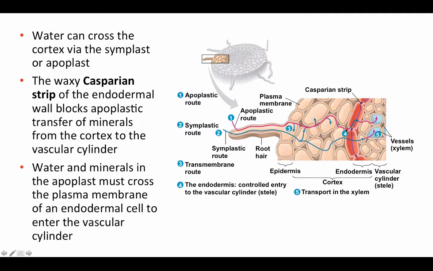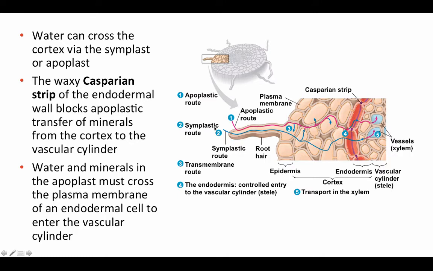So at some point, every molecule that enters the vascular cylinder has to cross the cell membrane and go to the interior of a cell to use that selectively permeable membrane of the cell to determine whether material should be allowed to cross or not. So basically every water molecule and every mineral molecule has to at some point cross a cell membrane to get access to the vascular cylinder.